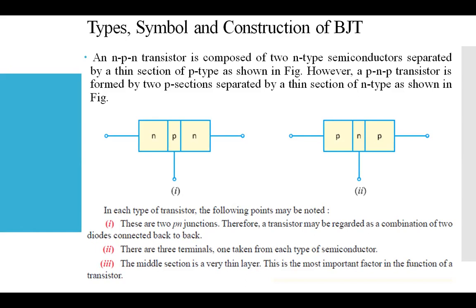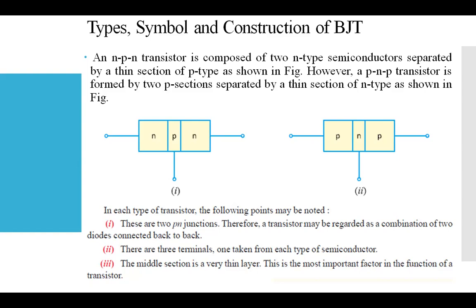Just remember the name. What is NPN, right? And the second one, you can see in the second diagram, is the PNP transistor. In that case also there are two P type semiconductor materials on both sides, in a sandwich structure with a thin layer of N type semiconductor.